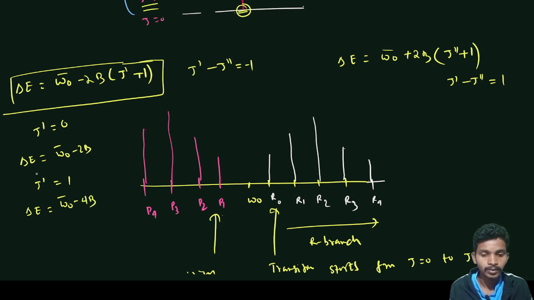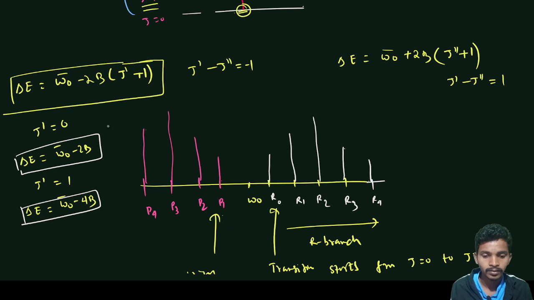I just need to look at this carefully. And whenever again if I put j dash equal to 2, then delta E value will become omega naught, and this is 2, 1, 3, that becomes minus 6b.